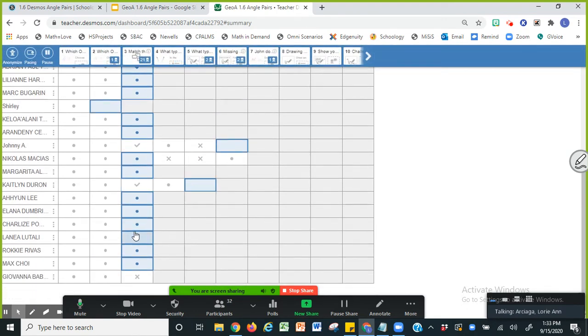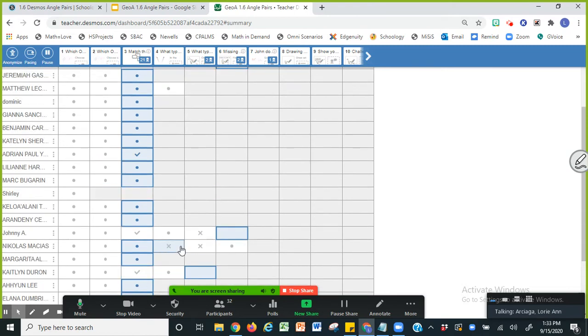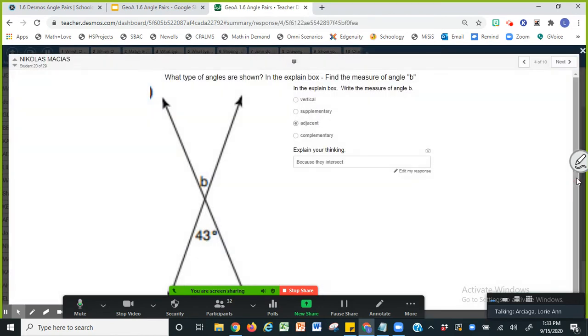All right. Okay. All right, Nicholas, you got two slides in a row that are not accurate. Can we go back to them one by one? So, what types of angles are shown? Nicholas, Josiah mentioned earlier that adjacent have to be side by side.